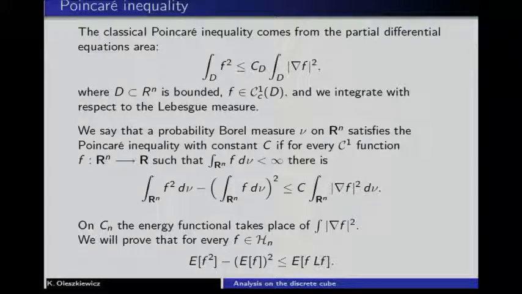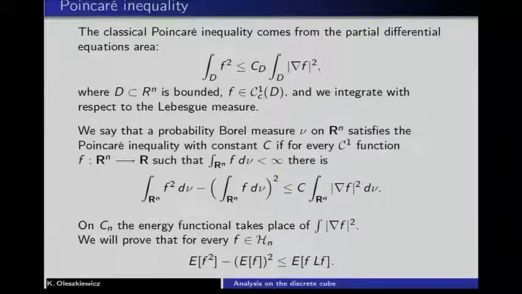Here we sum over all x and y on the cube such that they are immediate neighbors, the Hamming distance between x and y is equal to 1, which means we sum over all pairs of neighboring vertices. So this is sort of an integrated gradient as much as it is possible on the discrete cube.